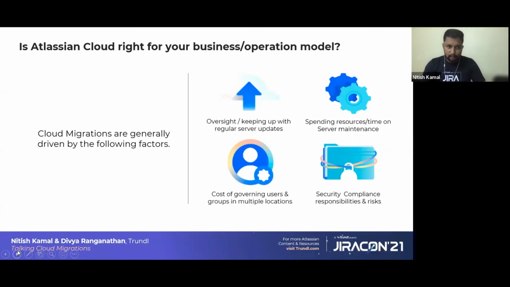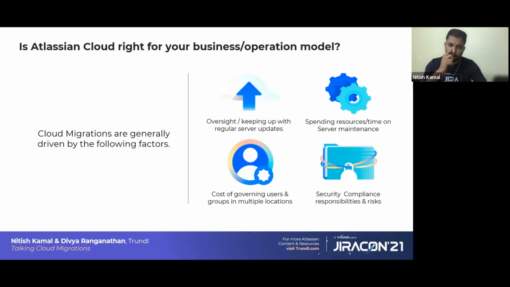All right, so this slide is basically about whether Atlassian cloud is the right business model for you. There are a lot of factors which you'll have to consider. If you want to have a self-hosted server where you want to have simple things like having a custom DNS, or having your instance inside your VPN, not exposing the instance to the public, that kind of things is something which you're considering.